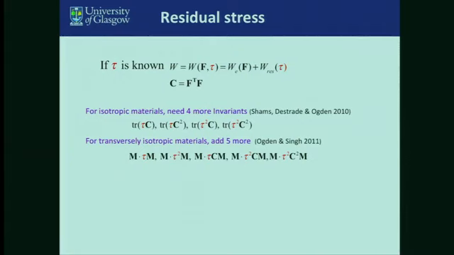If you have a residual stress, we know how to construct a strain energy function with all these invariants included. For orthotropic material, there are many more, probably 27, something like that. Nobody has had a go now. And so if you want to make some kind of progress, you could try, but even Ray gave up.